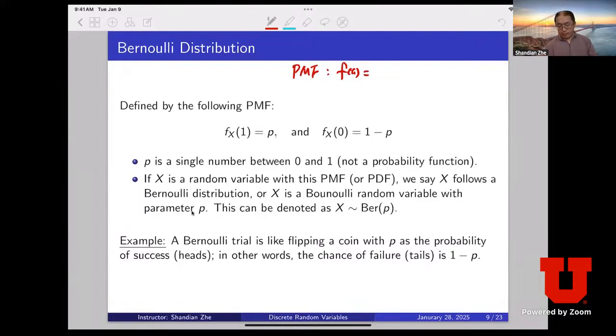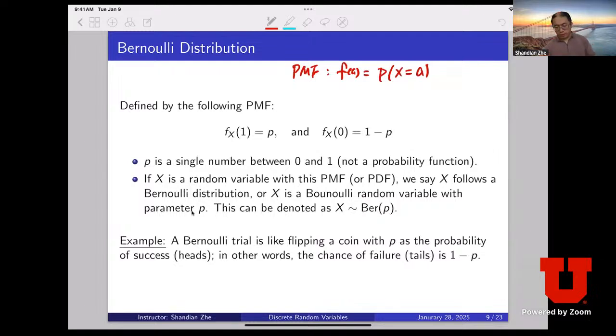That event is defined by the random variable. We're interested in the probability of the event defined as X equals a. This defines a particular type of event.